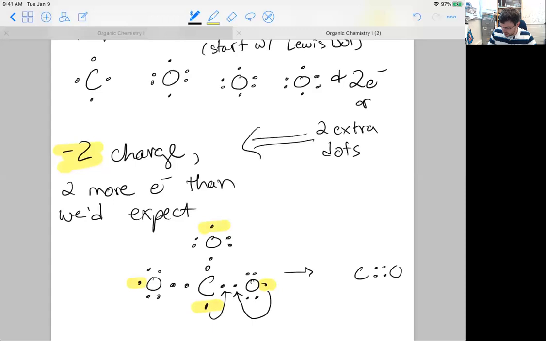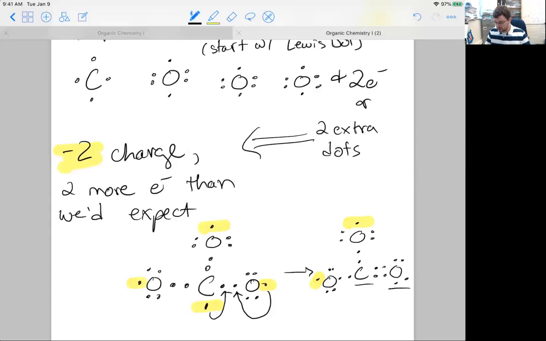and that's going to give us a double bond between this atom and this atom. So we have a double bond. We've got a lot of dots. We still have single electrons around our remaining 2 oxygen atoms.